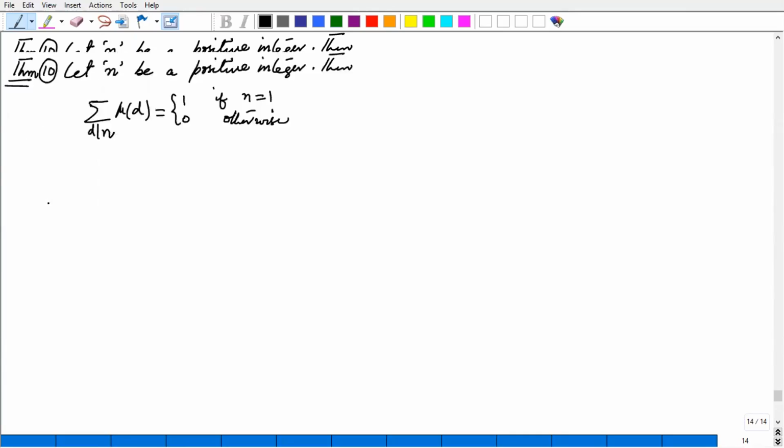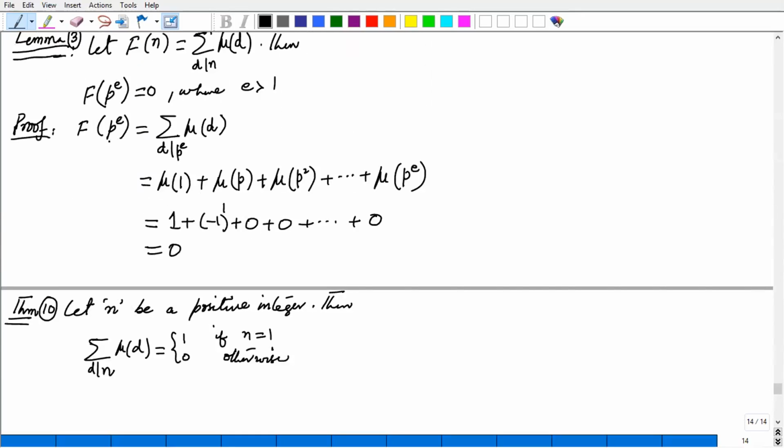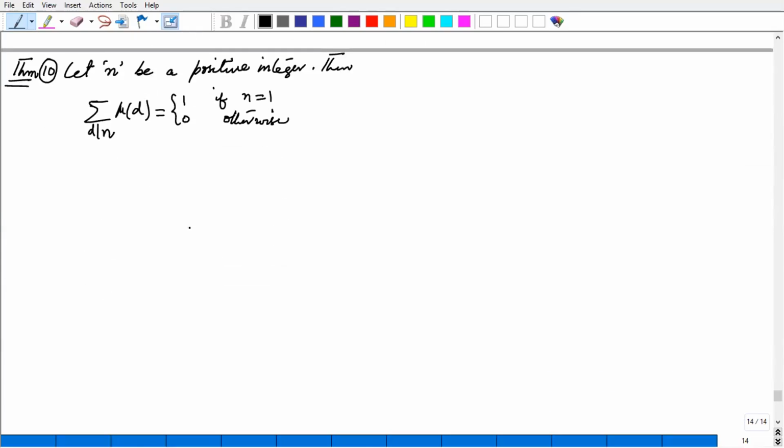And in a previous result, we proved that if we have p to the power e, then this result is 0. Okay, look at the proof. So we have to prove it for all positive integers.